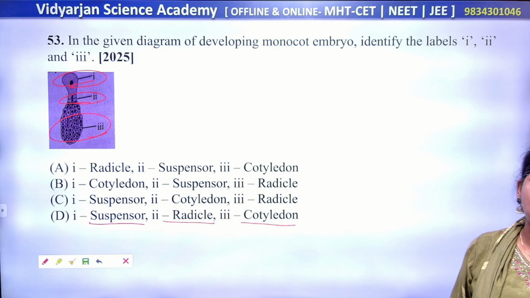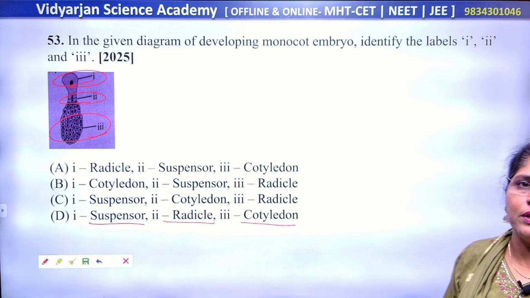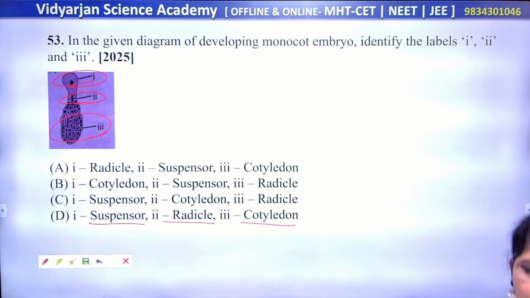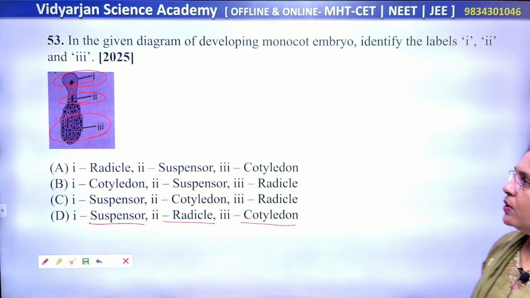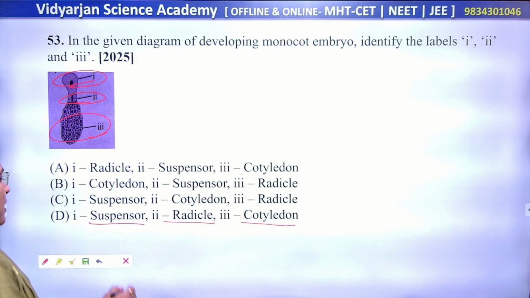I'm giving you a few seconds to note down the suspensor, radicle and cotyledons. Remember this, diagram based questions are going to be very, very important. So your answer for 53 is D. D is the correct answer.